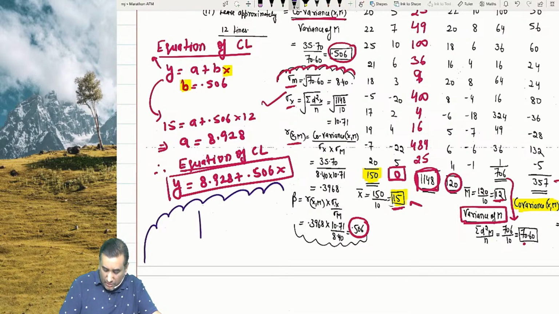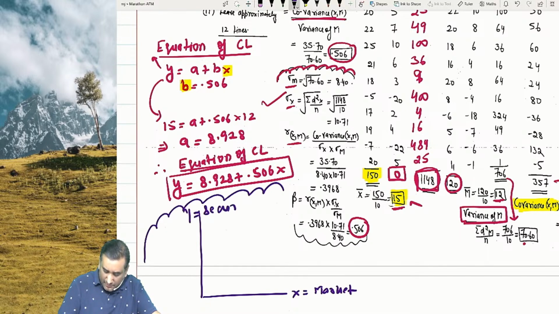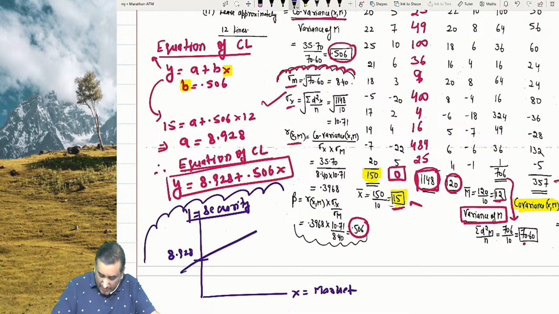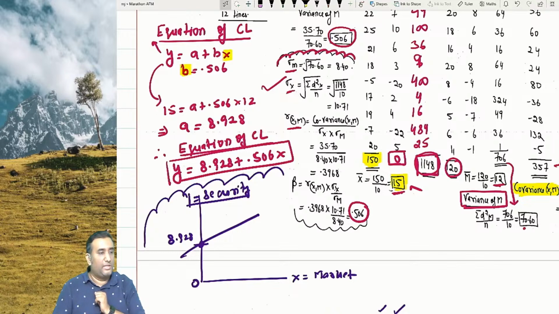If I would have drawn a line chart, I would have said this x is a return from the market, y is a return from the security, and where do we cut? 8.928. If I draw a line, this is 8.928. That means you make x as 0. Means if the market return is 0, the return from the security would be equal to what?